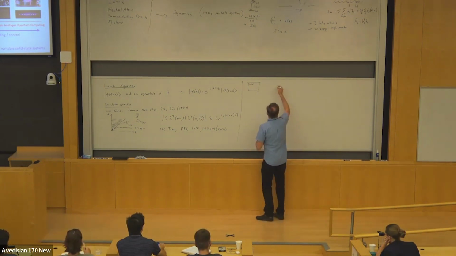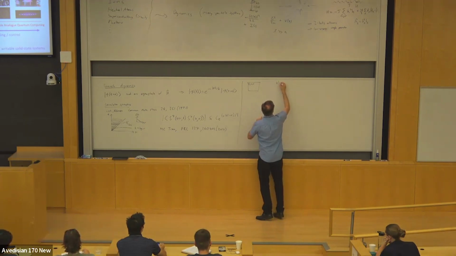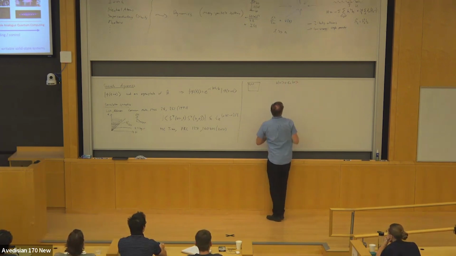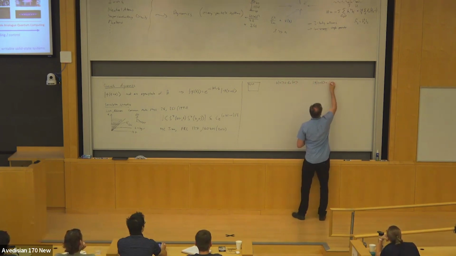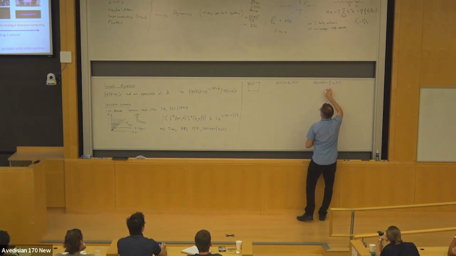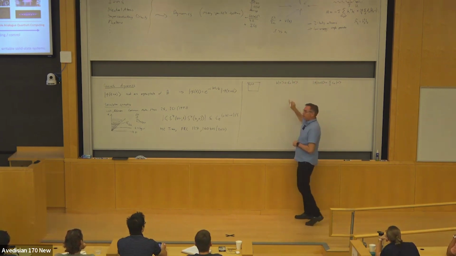Because if I write down this initial state in terms of the eigenstates of my Hamiltonian, then I can write my psi at t equals 0 as the sum over n of Cn times |n>, so let's expand this in the eigenstates of the Hamiltonian.